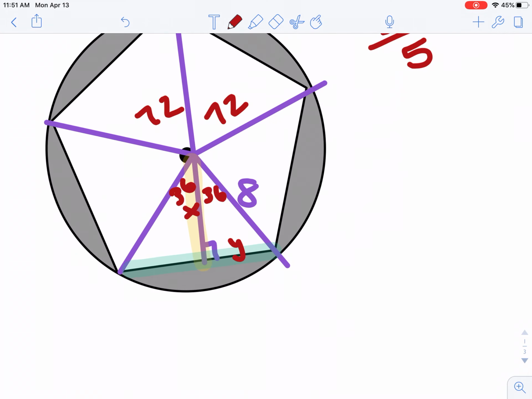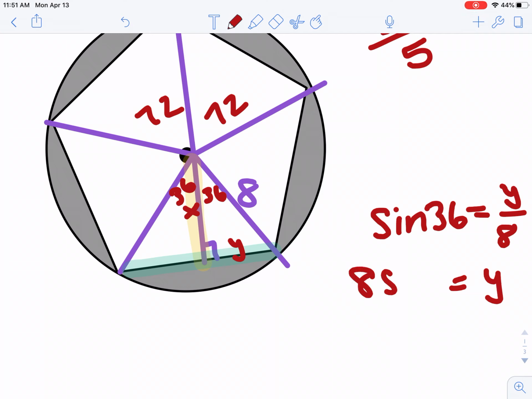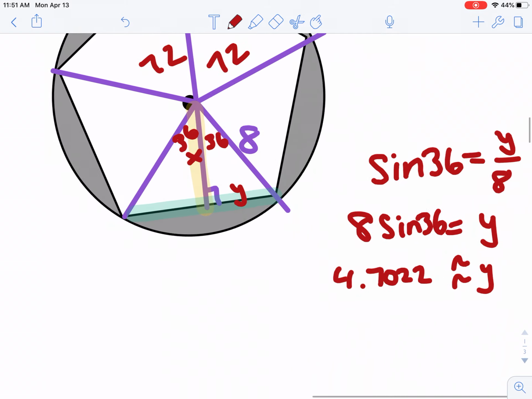So I know that tangent, I don't actually want to use tangent because I know the hypotenuse, right? So I could say I know that sine of 36 would be equal to the opposite side y over the hypotenuse 8. And so I could get y equals 8 sine of 36, which is approximately 4.7022. I'm going to keep a lot of decimals until the end, right?